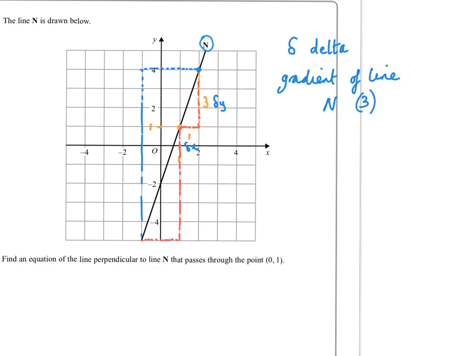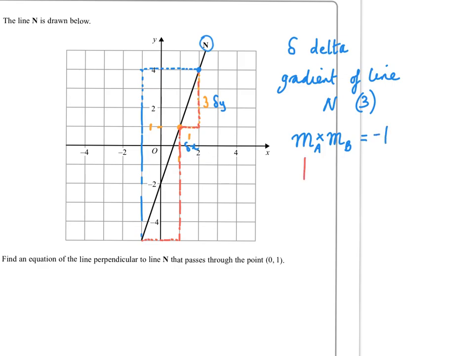So I don't know if you know much about gradients when you've got lines that are perpendicular, but there's a special rule, and that is if you have 2 lines, say A and B, and you've got the gradient of A and you have the gradient of B, if you multiply those 2 gradients together, they should always be -1.